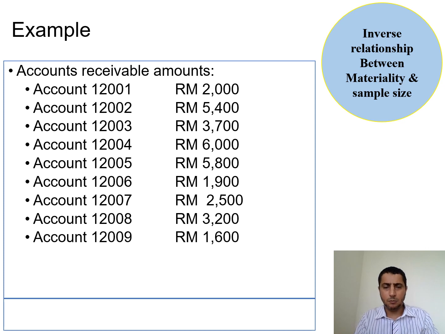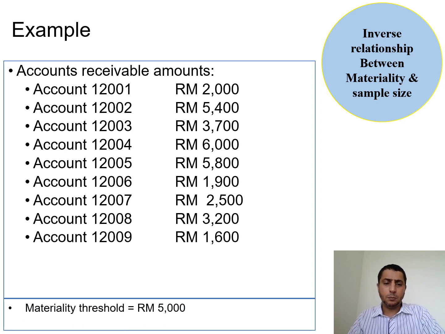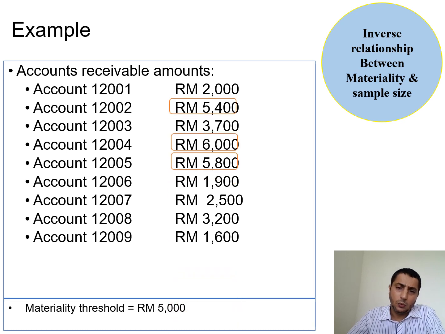In this example, we will try to simplify the concept of materiality, what we mean by materiality in practice, and link it to the sample size. Let's say we put the materiality threshold equal to 5,000. We can see here we have three amounts equal to or more than 5,000.